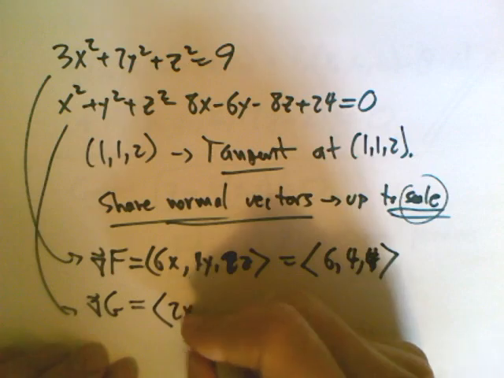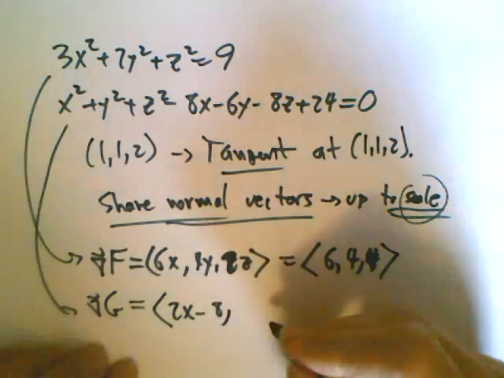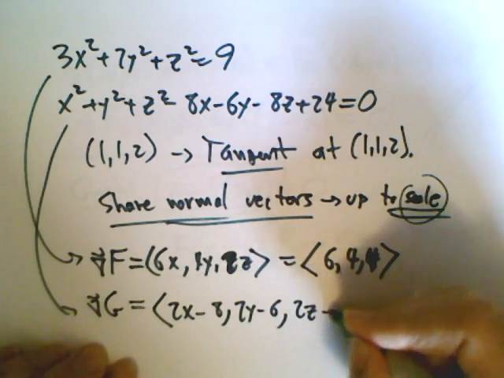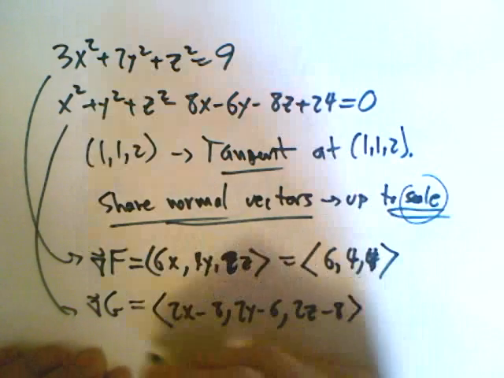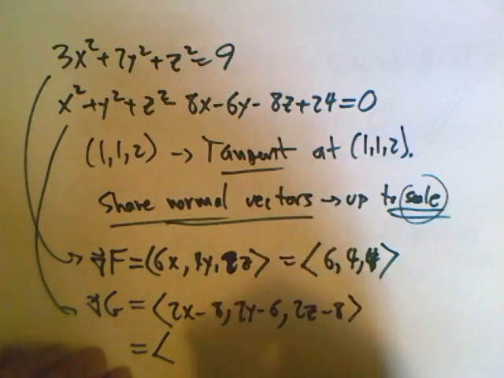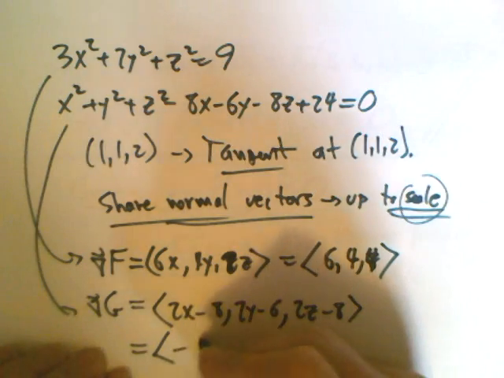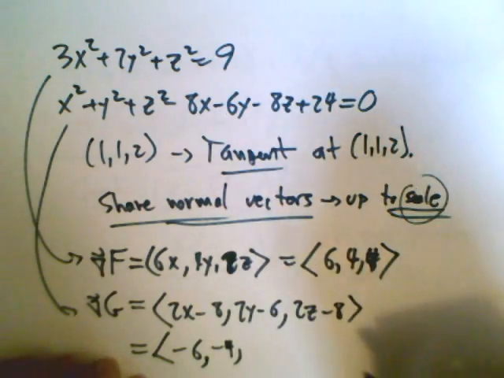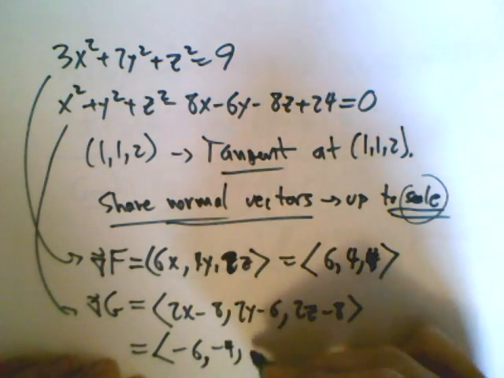Okay, that's a little more complicated. It's 2x minus 8, 2y minus 6, 2z minus 8, and at this point it's going to be 2 minus 8 is minus 6. Ooh, that's suggestive. 2 minus 6 is minus 4. Aha. And 4 minus 8 is minus 4.